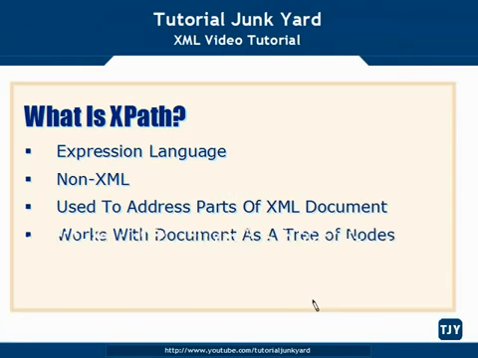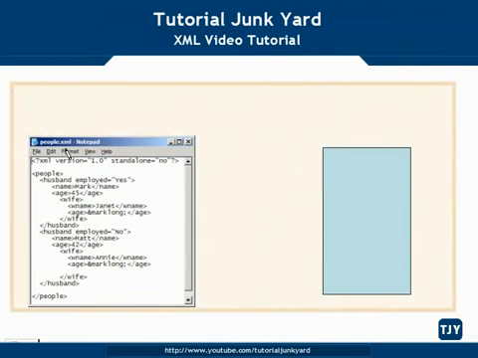Now, what happens with XPath is your document is going to be transformed into a tree of nodes, and the nomenclature and some of the terminology can really be kind of bizarre sometimes. But with XPath, notice that if I've got my people.xml file that we've been using so far, and I want to transform this, I don't want all this information reported in a browser.